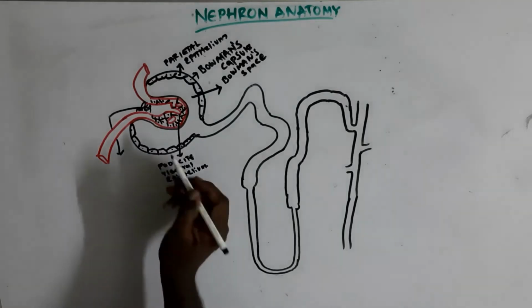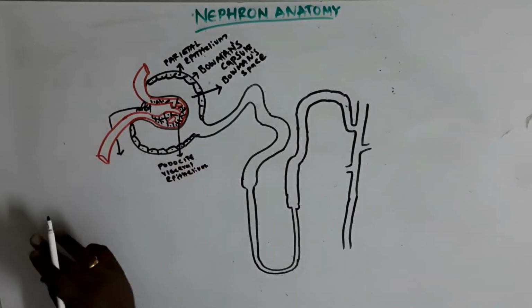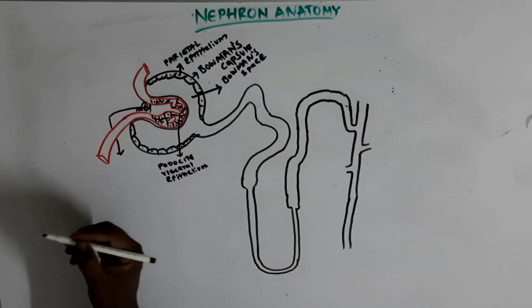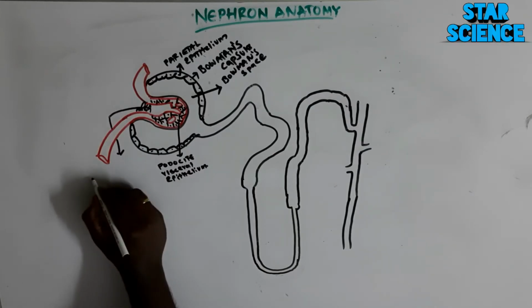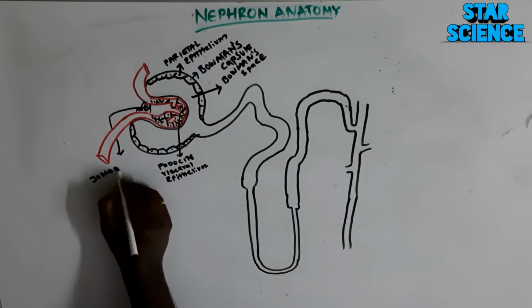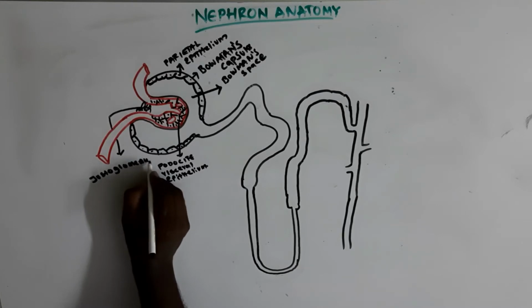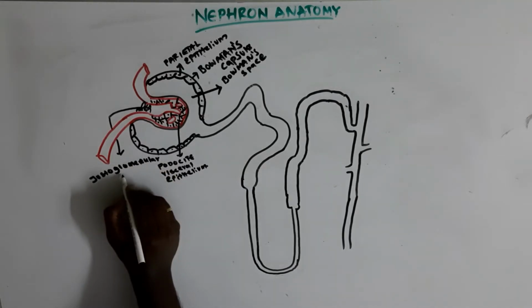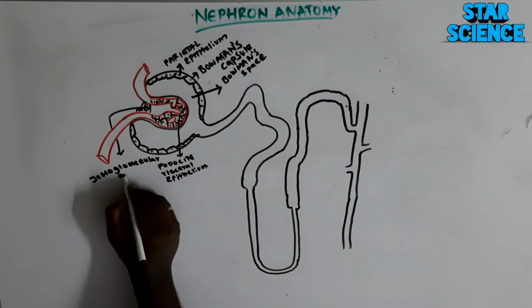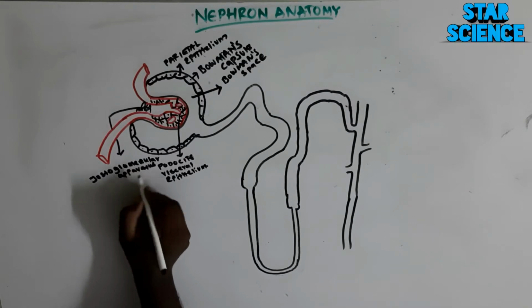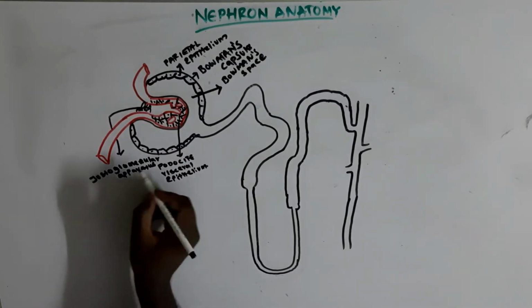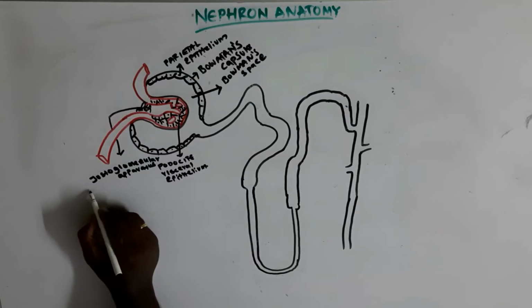This particular region has certain cells which we are going to see one by one. In this juxtaglomerular apparatus, we can see the cells which are useful for retention of NaCl and at the same time for maintaining blood pressure. All of these things are done by these cells, as we are going to see right now.